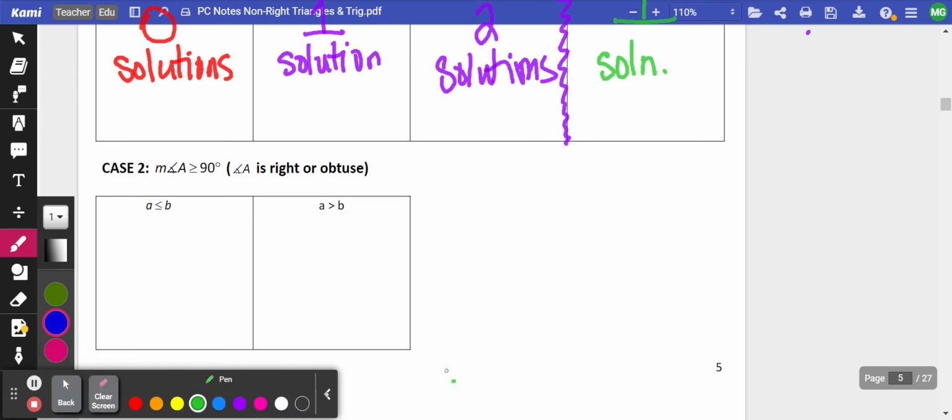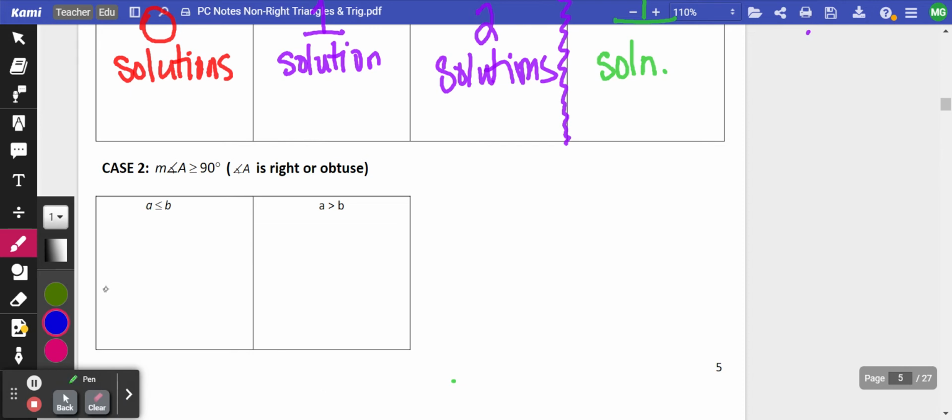In either one of those cases, if a, the side opposite the given angle, is less than or equal to b, we will have no solutions. Again, you would not be able to make that triangle. And if the side a was bigger than b, and again, it's the side opposite the 90-degree or obtuse angle, you would have exactly one solution.